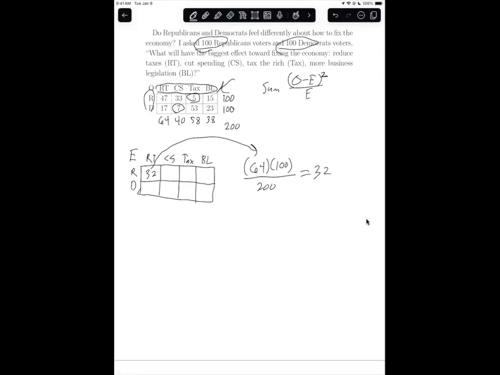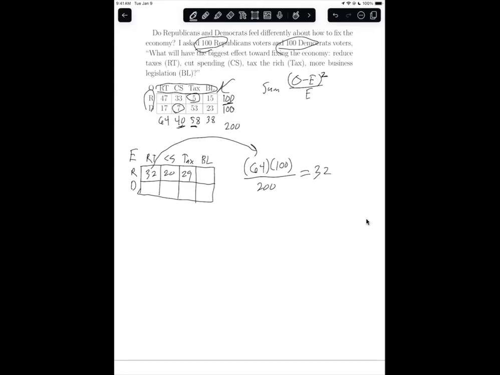And we're going to do the same process. For the next one over, it's the 40 times the 100 divided by the 200, which gives me 20. Then the 58 times 100 divided by the 200 gets me 29.